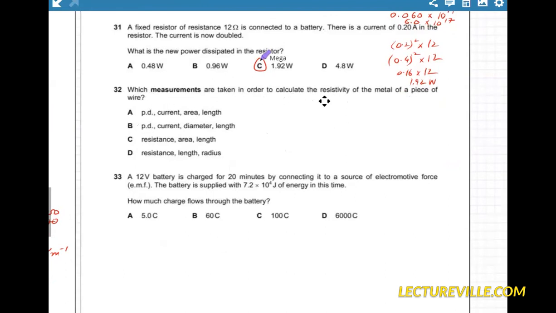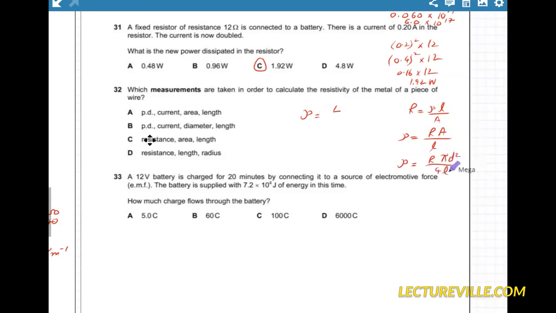The formula for resistivity: resistance equals resistivity into L over A. So resistivity will be resistance into area over L, and area is pi d square over 4. So resistivity will be resistance pi d square over 4L.